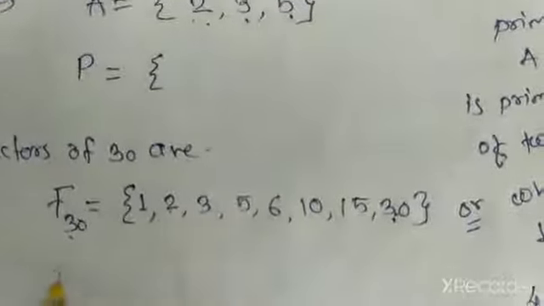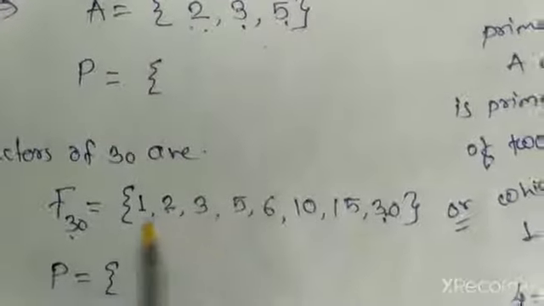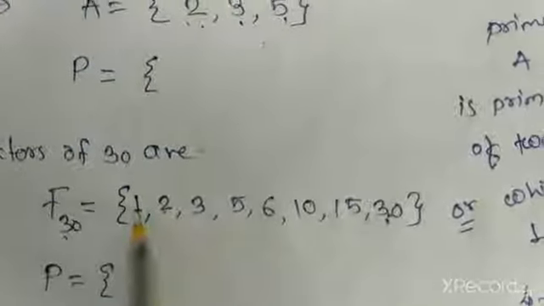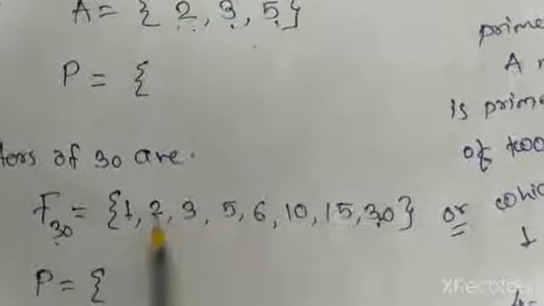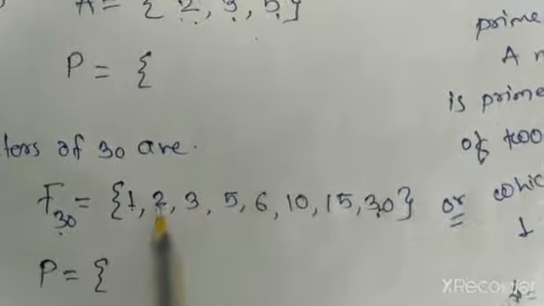So these are all the divisors of 30. Now among them we have to find the primes, which is denoted by P. 1 is not a prime number. Prime numbers always start from 2; 2 is the smallest prime number.